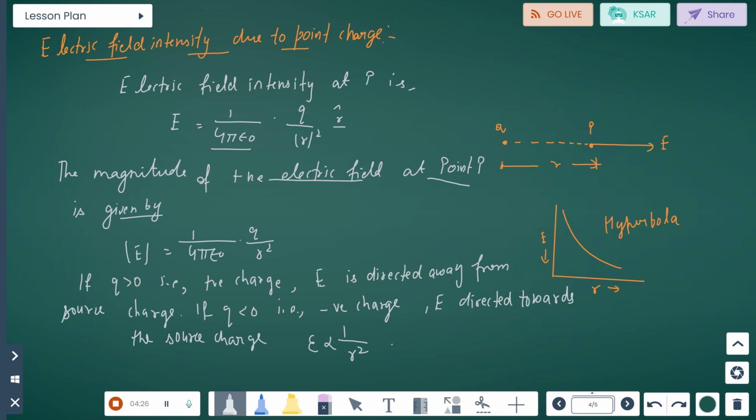If Q is greater than 0, then it is positive charge and E is directed away from source charge. If Q is less than 0, then it is negative charge and E is directed towards the source charge. Here E is directly proportional to 1 by r square.